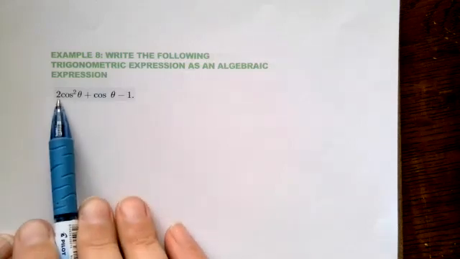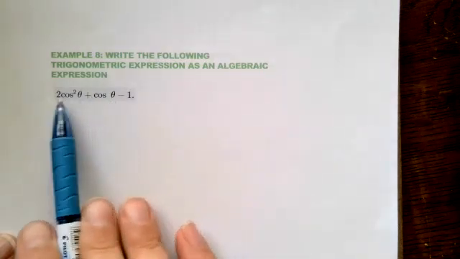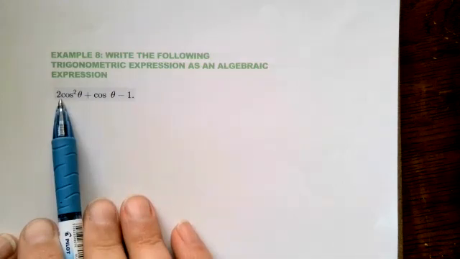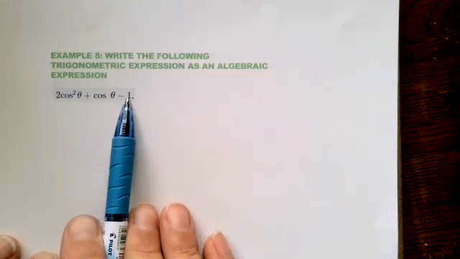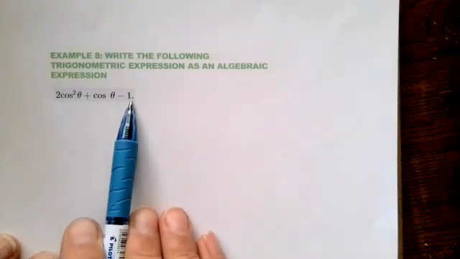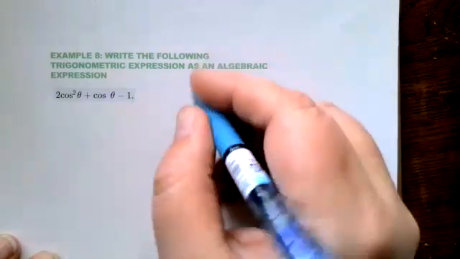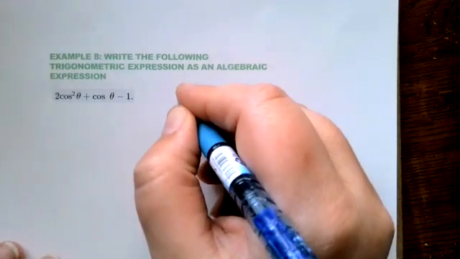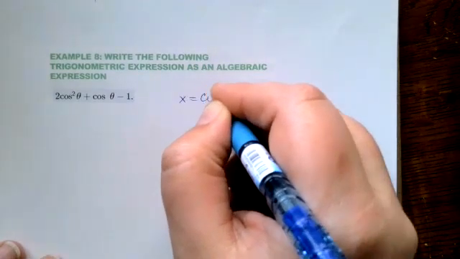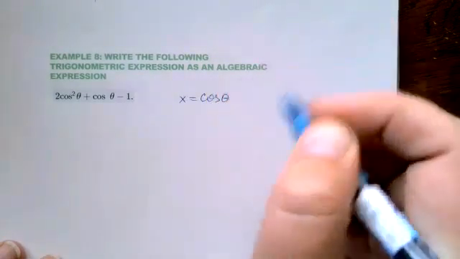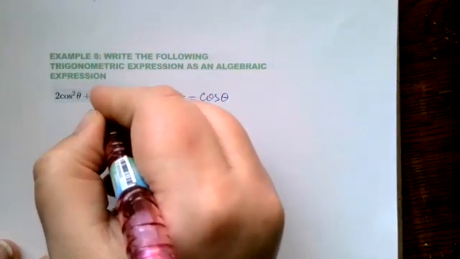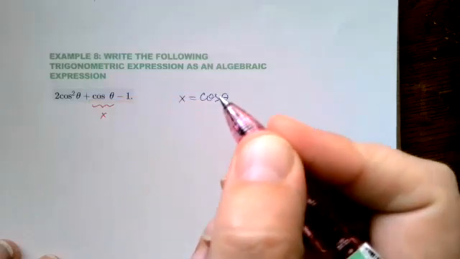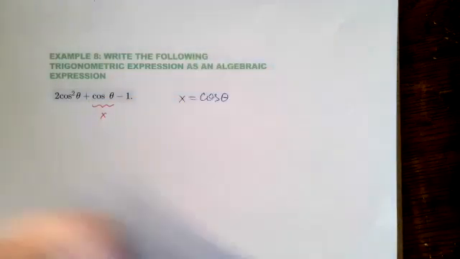Okay, so what they want us to see is that we have a quadratic type of equation here. So if I say, let's say x equals cosine theta, and then I substitute x in for the cosine theta, then what is x?